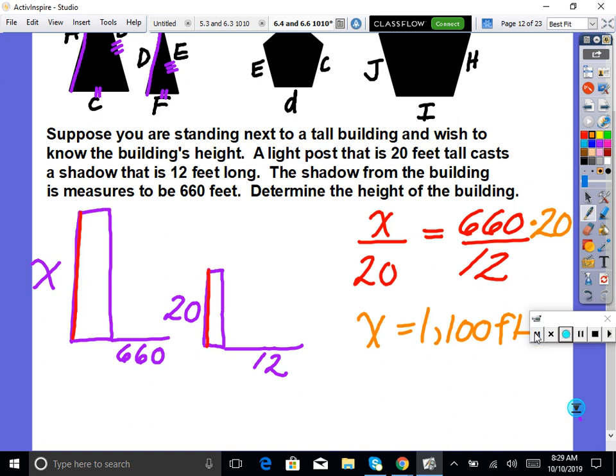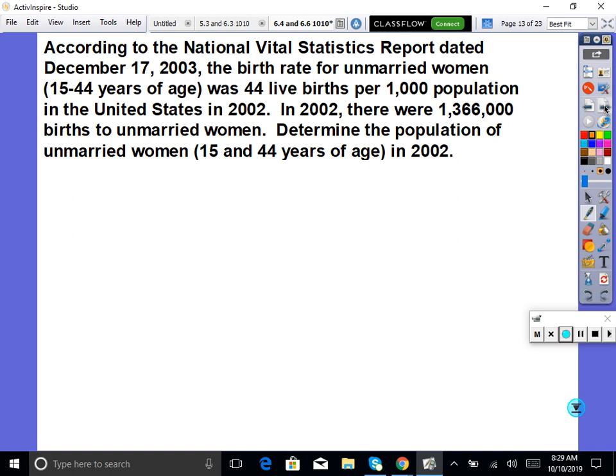So look at this next problem. It is the exact same idea here. Now it's not a shape, but it's a ratio of corresponding things. So let's read it. According to the National Vital Statistics report dated December 17th, 2003, the birth rate for unmarried women 15 to 44 years of age was 44 live births. So 44 live births, I'll just put B for births, per 1,000 population.